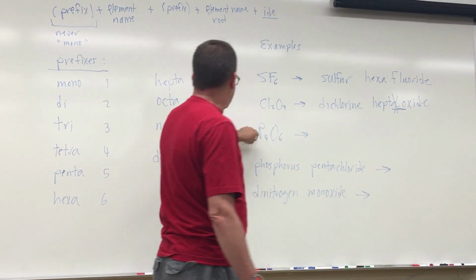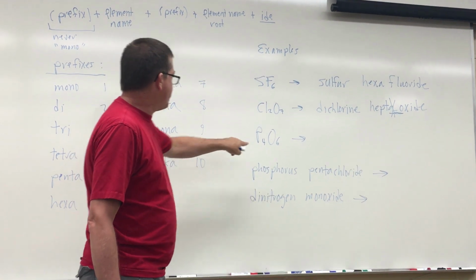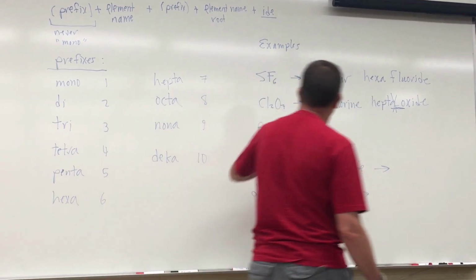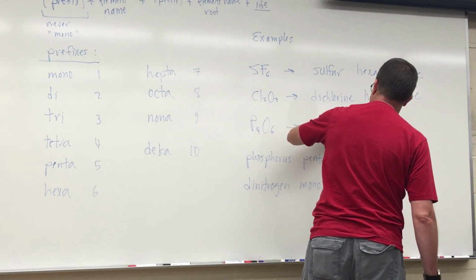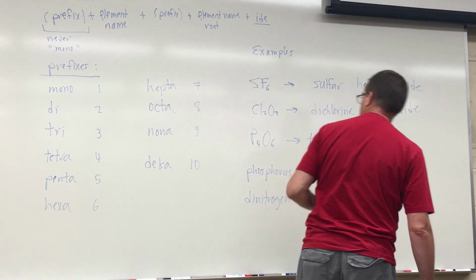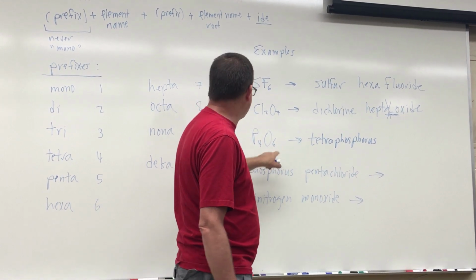All right, finally, this last one. So we have phosphorus and oxygen. Ooh, we have 4 phosphoruses, so we call this a tetraphosphorus. And it looks like an oxide, but how many do we have? We have 6.